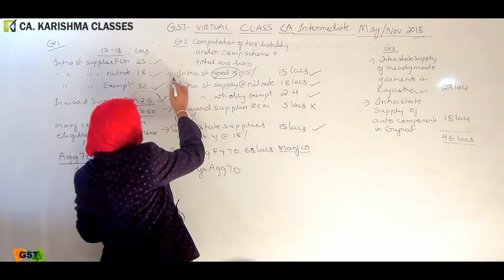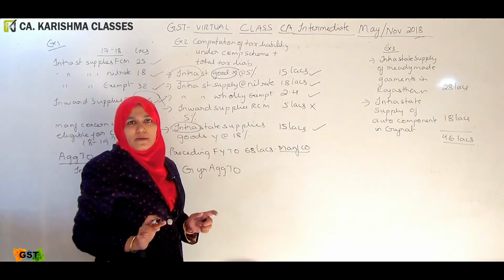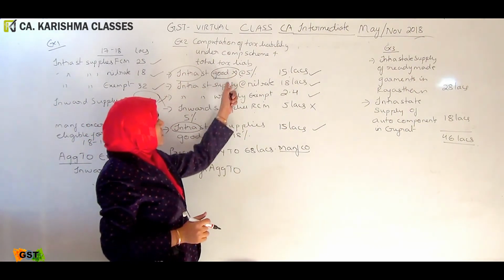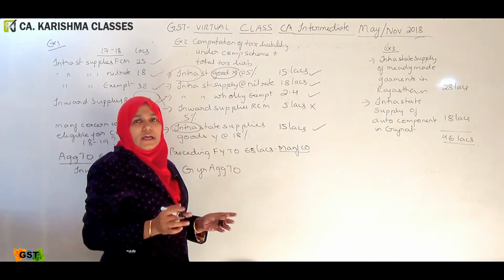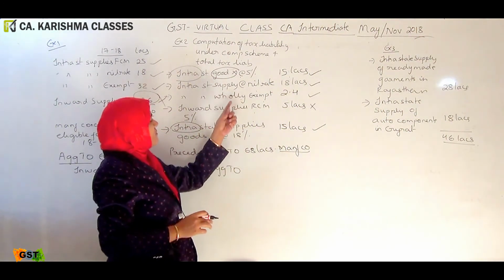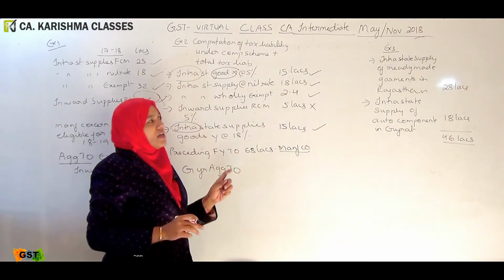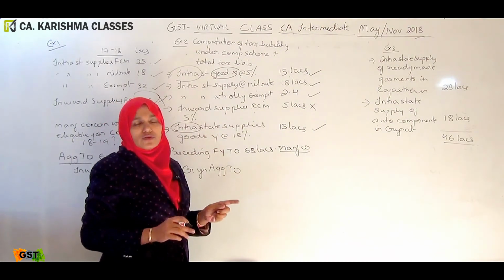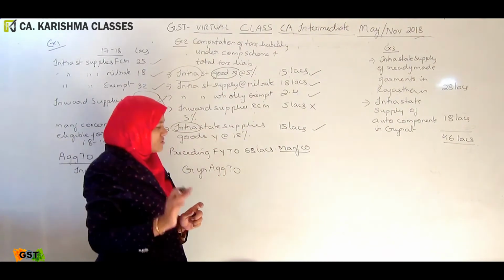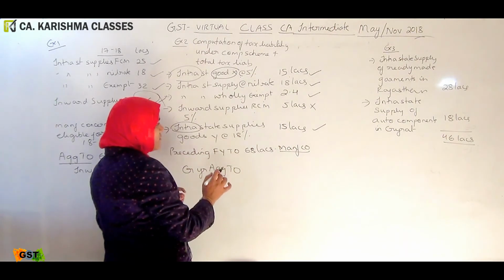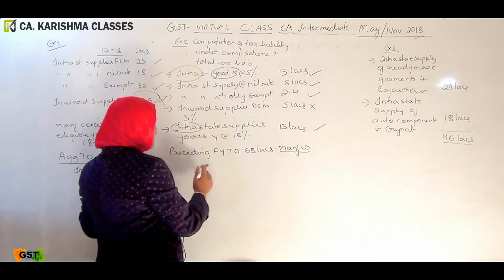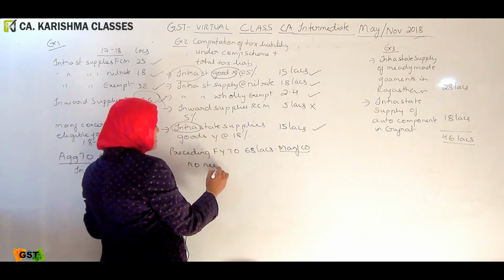So, in this problem, the person is into local supply, point number 1. He is dealing into 4 different types of goods. X is at 5%, Y is at 18%. Nil rated goods, exempt goods, so many variety of goods are there. So first important thing, we should not do any classification. No need of classification.